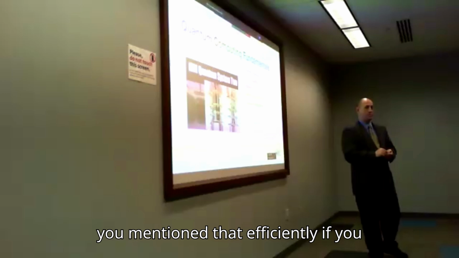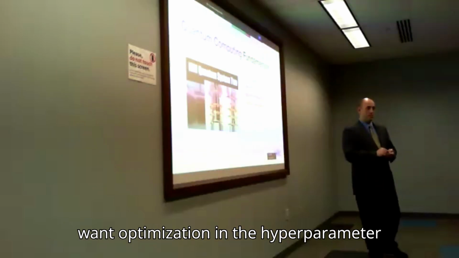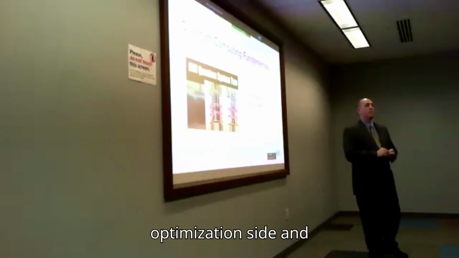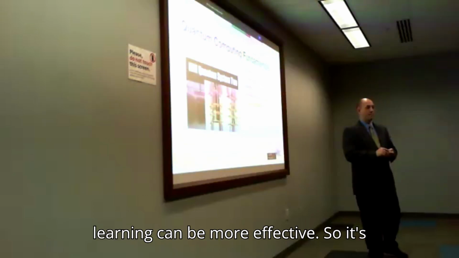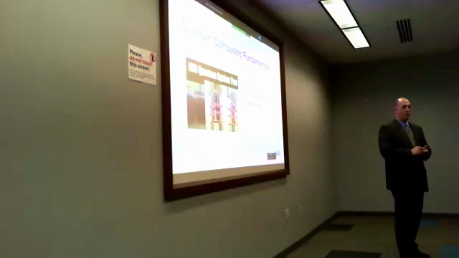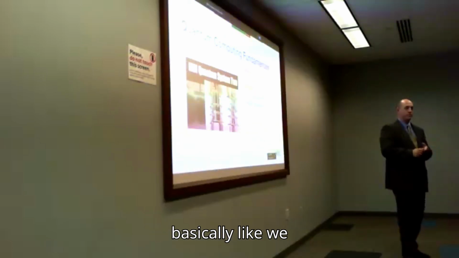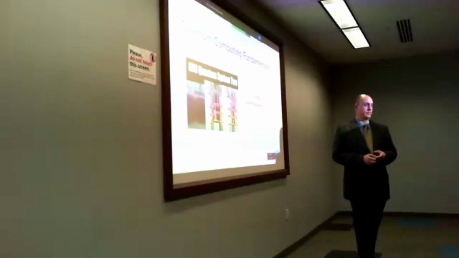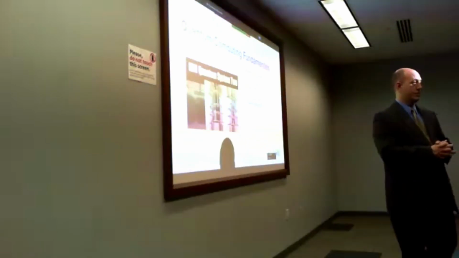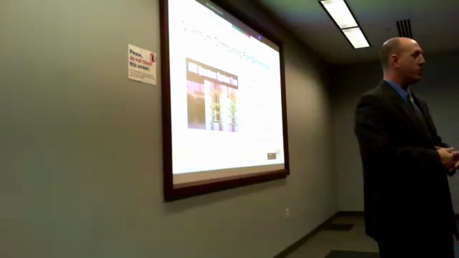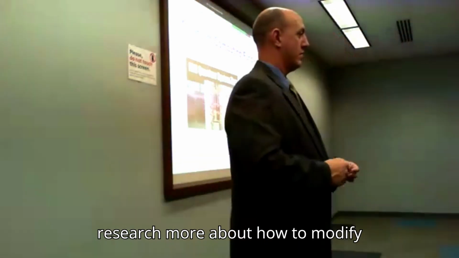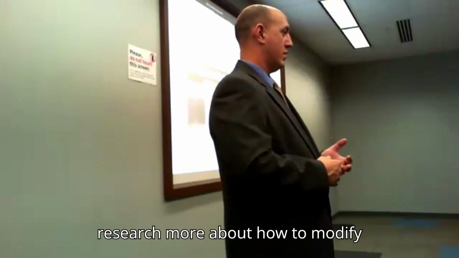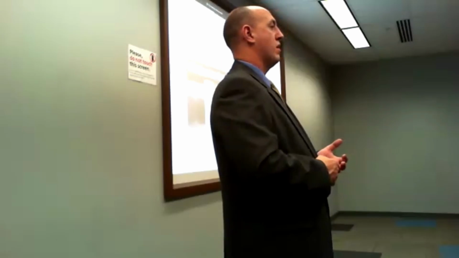Efficiency is one thing, along with hyperparameter optimization or reduction of the computing side. So basically, we need to research more about how to modify the architecture to introduce quantum computers.